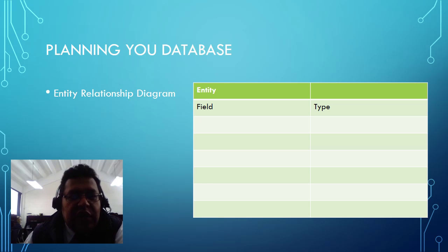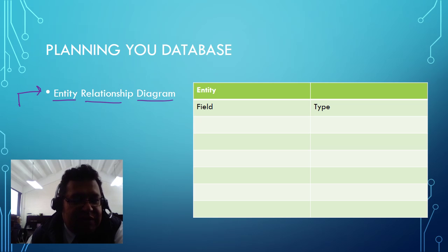Okay, so right now we need to begin planning a database. That's a very important step. If we do the planning well, we can guarantee that our database is going to be correct and it's going to work in the right way. Now, the main tool to plan the database is the entity relationship diagram.